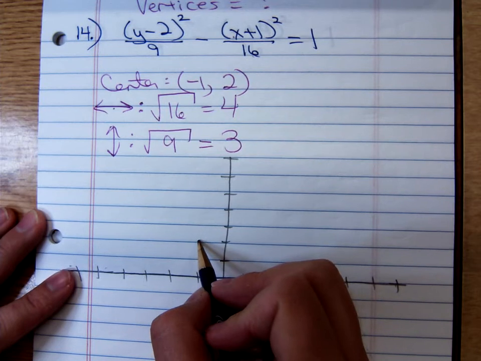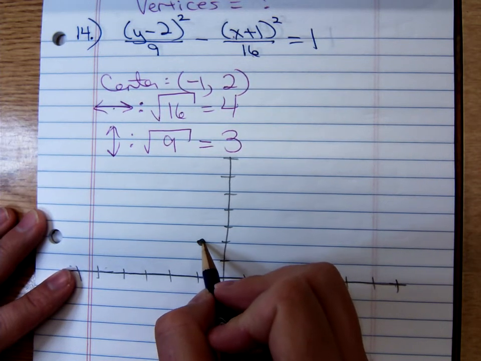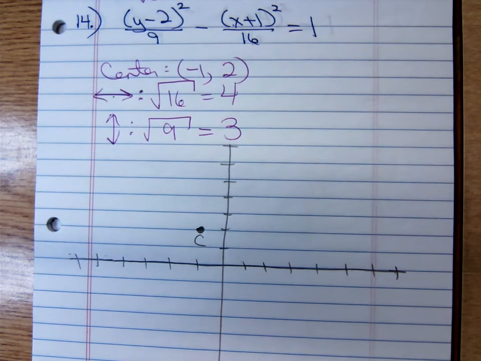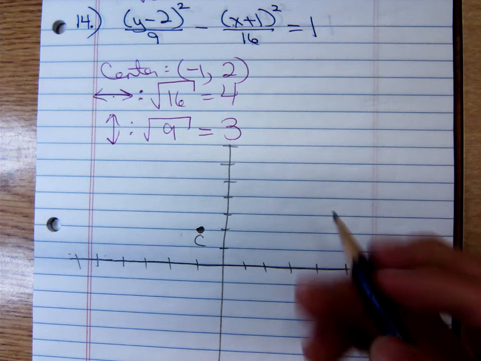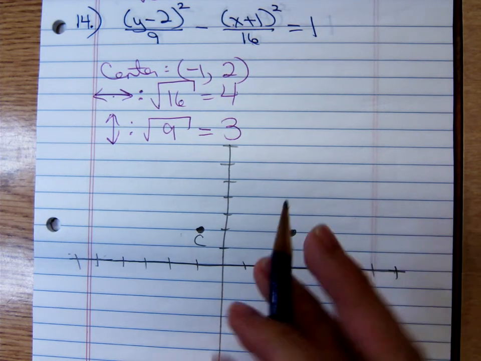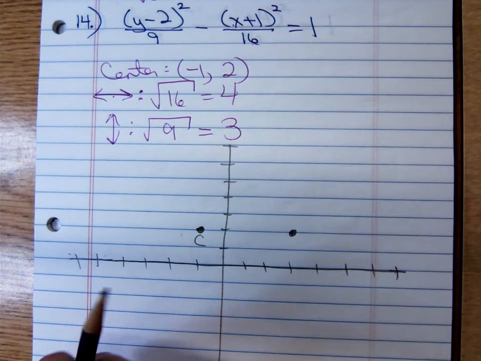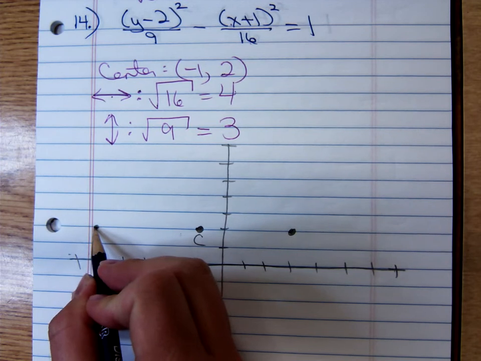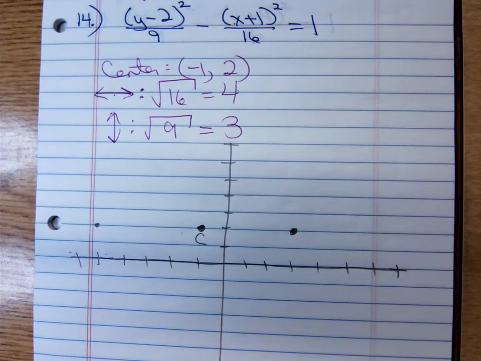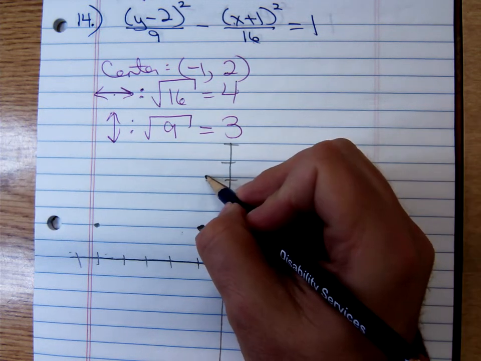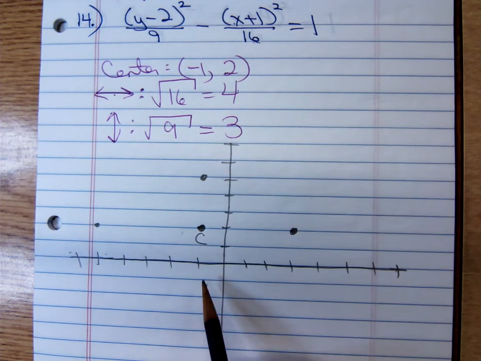There's my center. We're going to go 4 units to the right. 1, 2, 3, 4. We'll go 4 units to the left. 1, 2, 3, 4. We're going to go 3 units up. 1, 2, 3. 3 units down. 1, 2, 3.